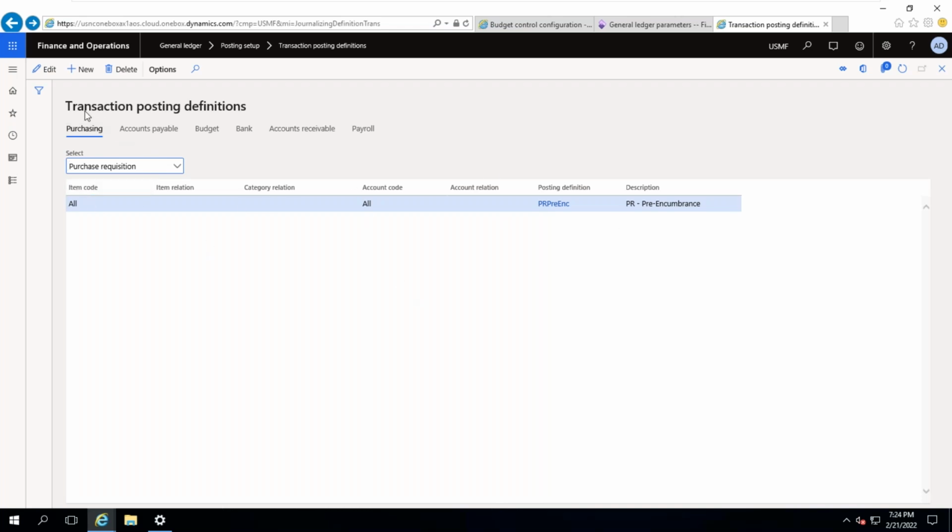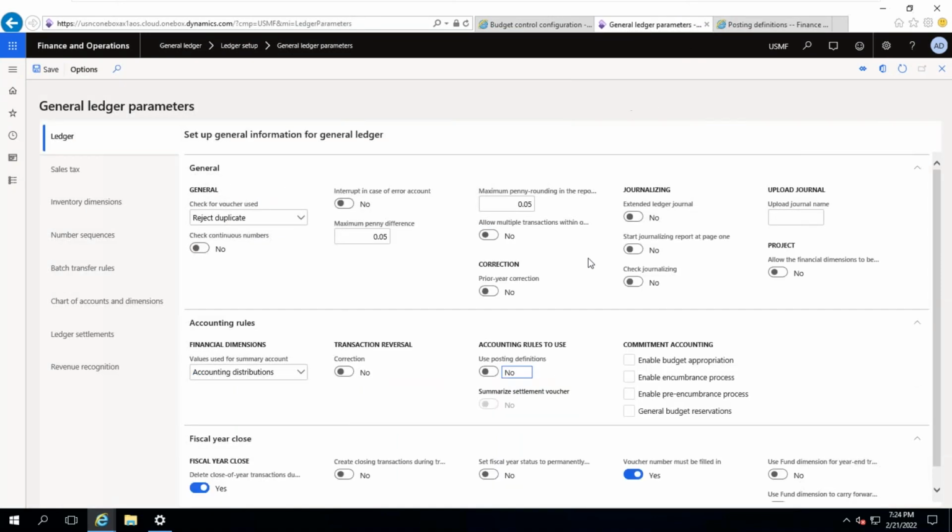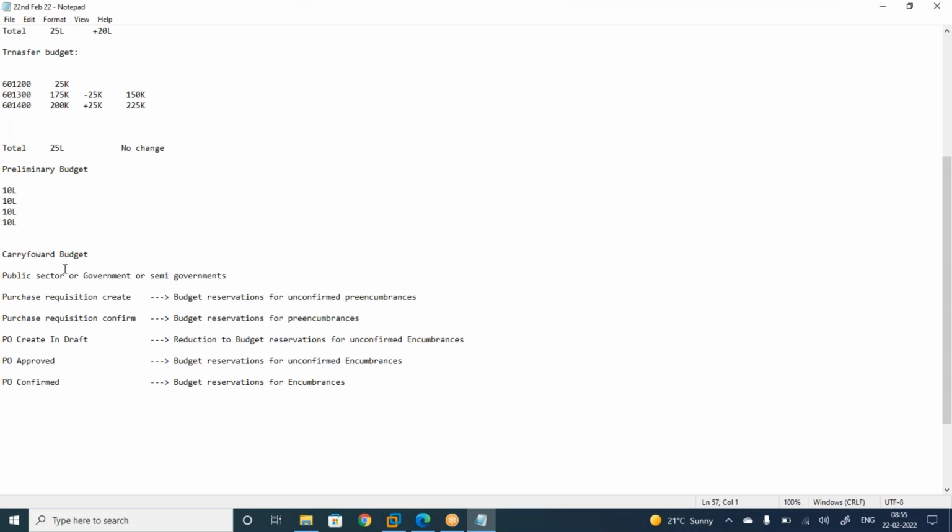In this transaction posting definitions, we have posting definition. You can click on here. The ledger accounts are mapped here. Based on this setup, it will be posted if you enable this checkbox. This is public sector company related.